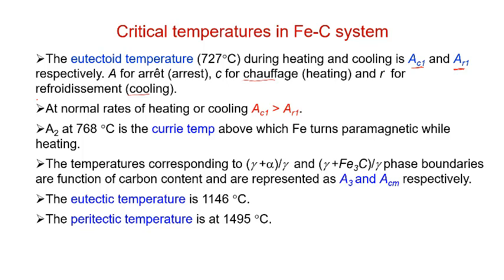So, depending on cooling or heating, this eutectoid line could be given these two nomenclatures or designations. Okay. And if you do heating or cooling, there could be a little difference in the eutectoid temperature. Okay. So, generally AC1 is greater than AR1.